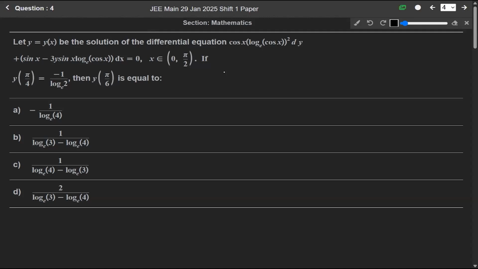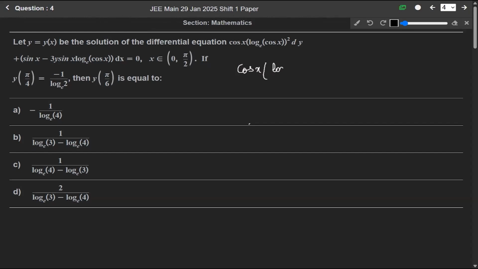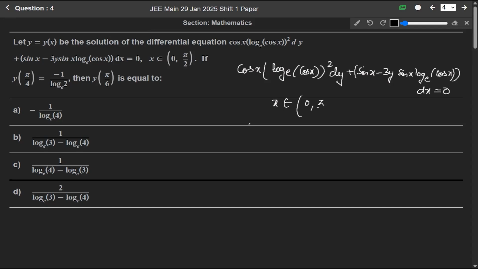Now the next question is: let y equals y(x) be the solution of the differential equation cos x (log e base cos x) whole square dy plus (sin x minus 3y sin x log e base cos x) dx equals 0, and the interval is given from 0 to pi by 2.